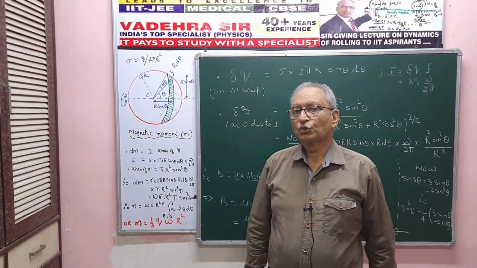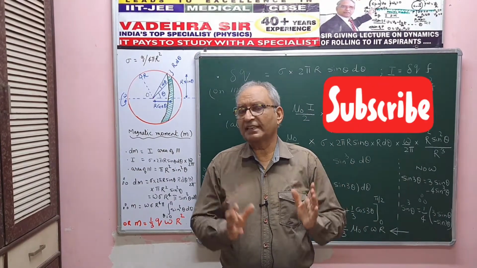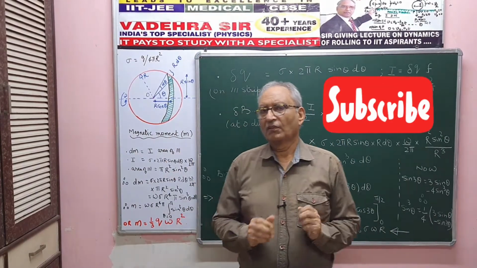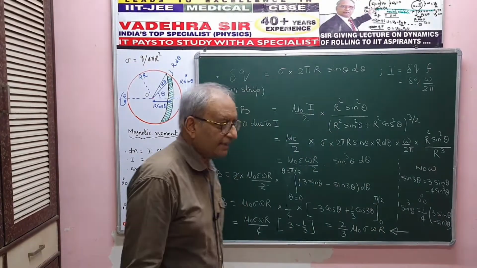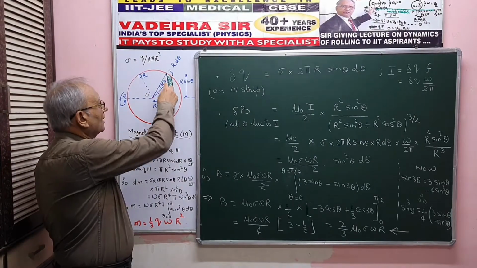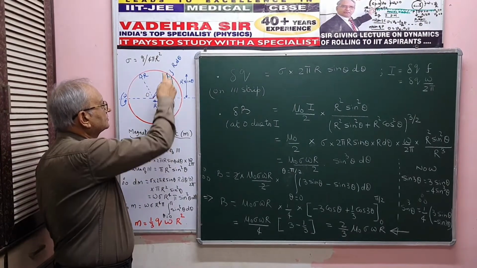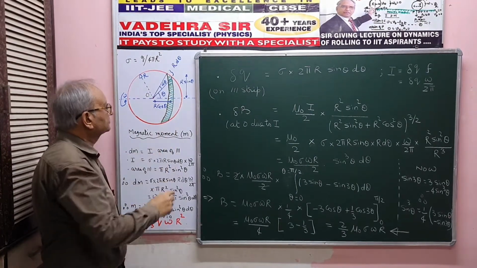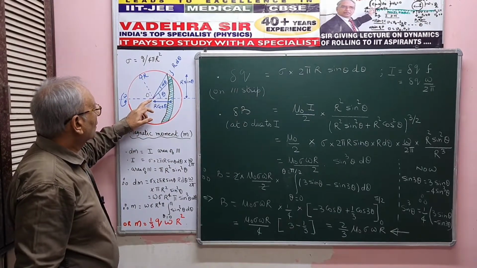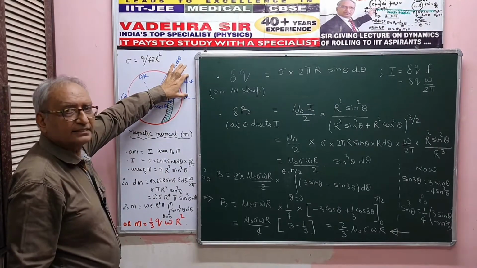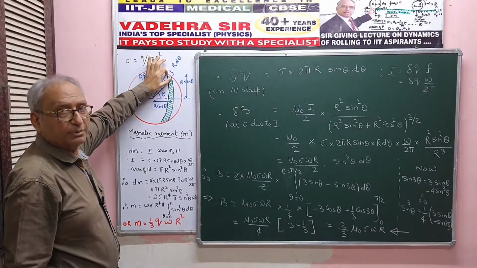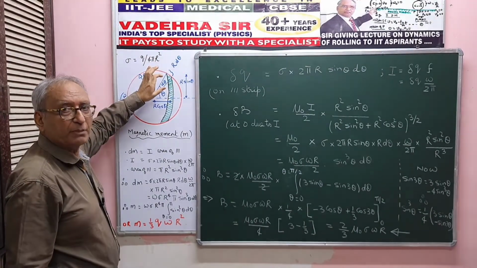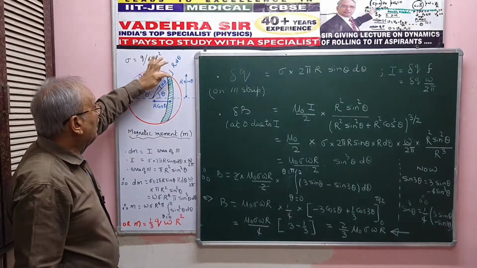Now, to evaluate both these things, we'll do one by one. First of all, I'll find the magnetic induction, and for that I take an elemental ring of radius r sine theta. The width of the shaded strip, this green shaded strip, is r d theta.